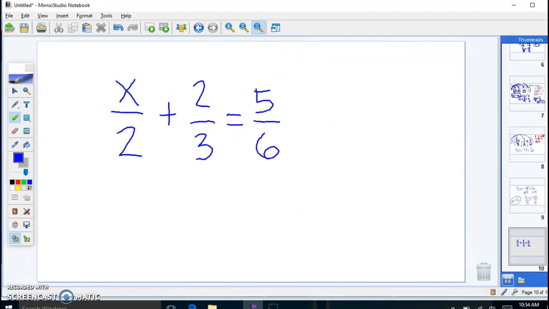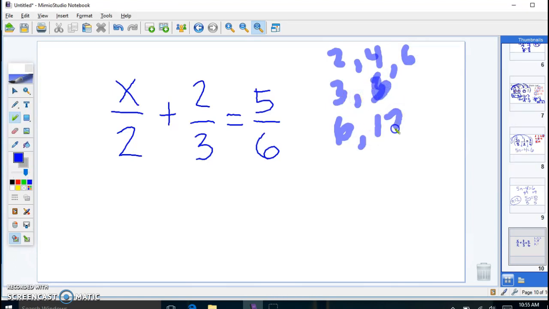All right, new problem. What are your multiples of 2, 3, and 6? For 2, we have 2, 4, 6. For 3, we have 3, 6. For 6, we have 6 and 12. But you see that right away, all three lists have a multiple of 6.